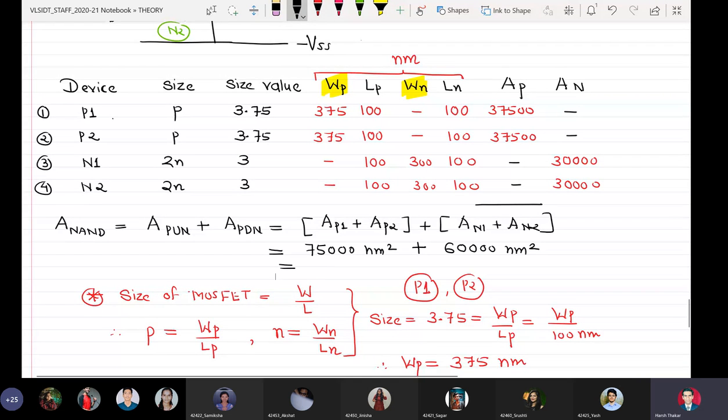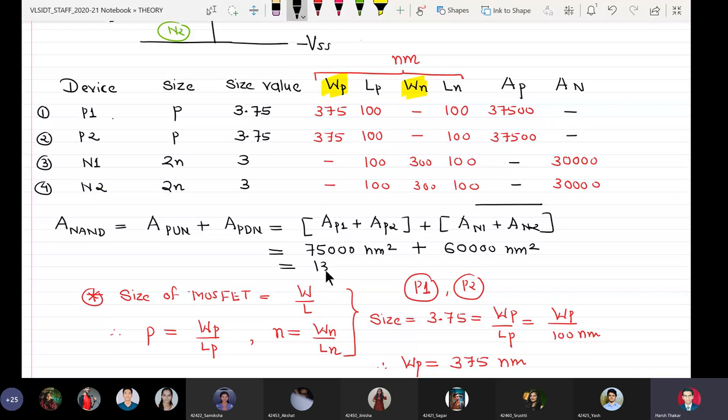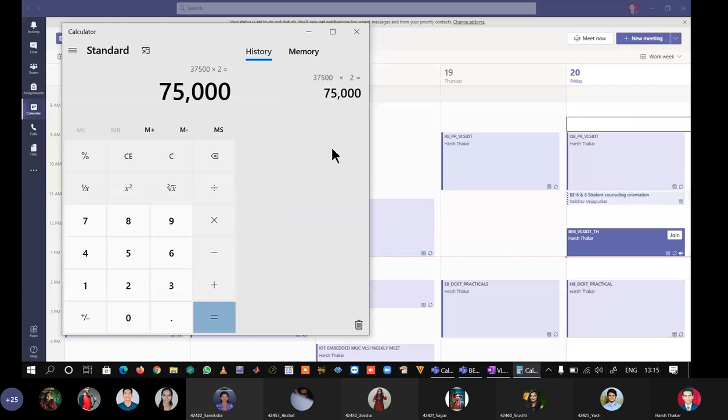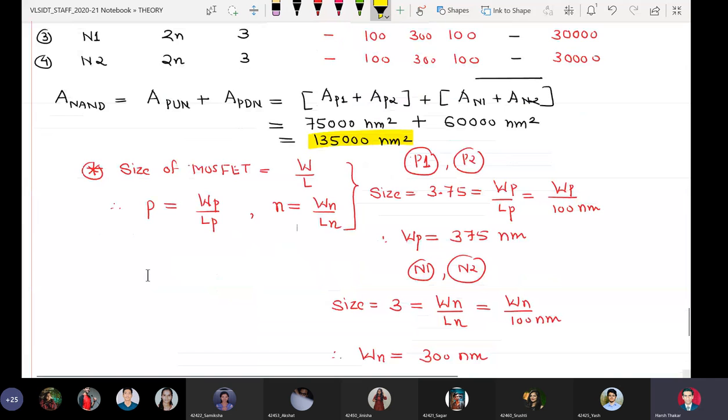It will be 75,000 plus 60,000, 135,000 nanometer square. Okay, so the conclusion is this.